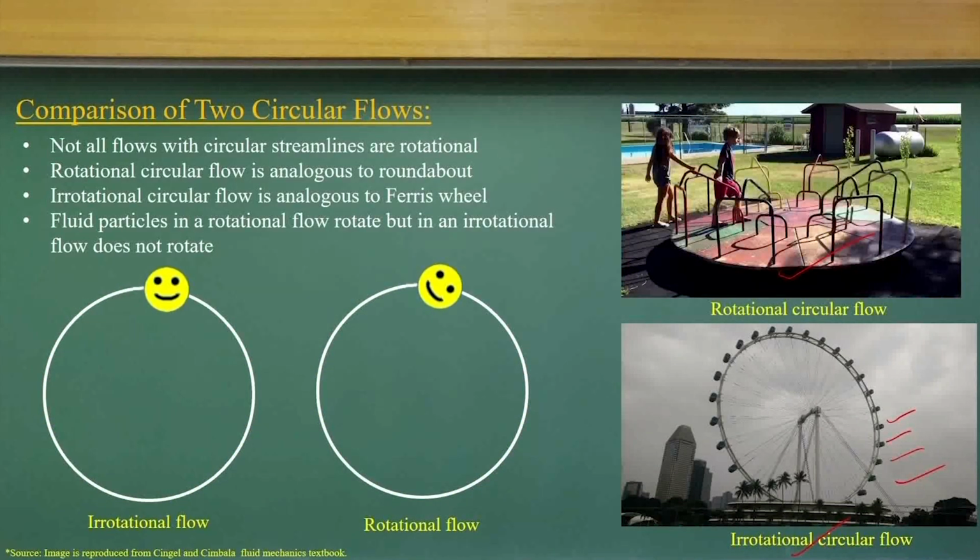You just sit and enjoy it because it is irrotational, but this other one is the rotational circular flow. These are very interesting figures drawn by my students, and I believe that if you visualize these figures, you will never forget the difference between irrotational and rotational flow.